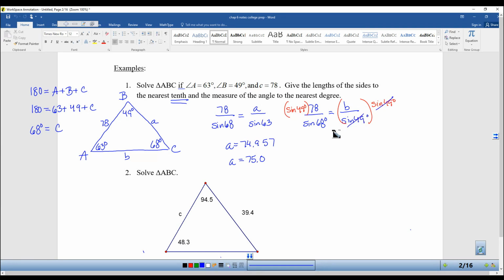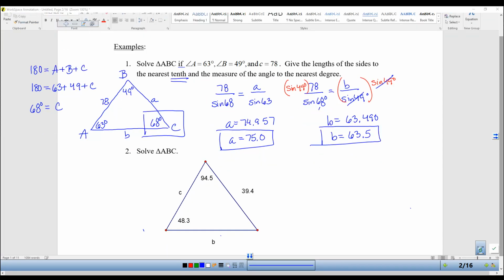Once you have this gone, you can do 78 times sine of 49 divided by sine of 68, and b is going to come out to be 63.490, but since we're rounding to the nearest tenth, 63.5 is acceptable. So the three things that I found were angle C, side a, and side b.